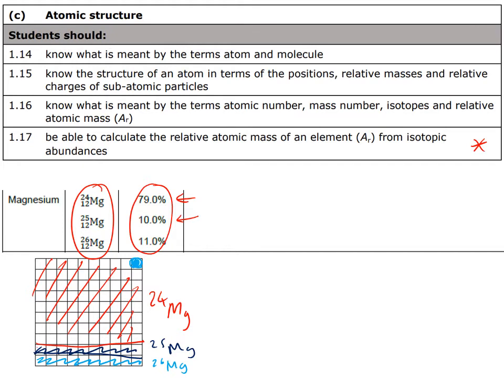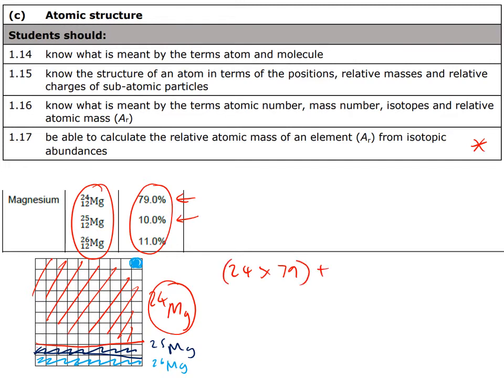Okay, so to find out the average mass of just one of these atoms, we need to find out the mass of all of the 100 atoms, then divide by 100. So we need to do 24, which is the mass of our magnesium, times by how many atoms there are, that's 79.